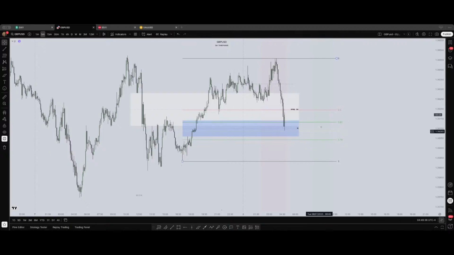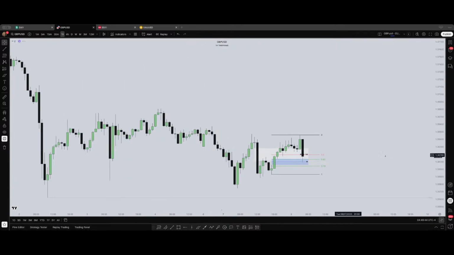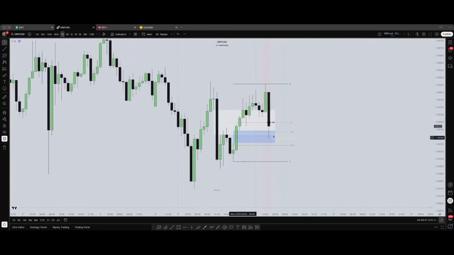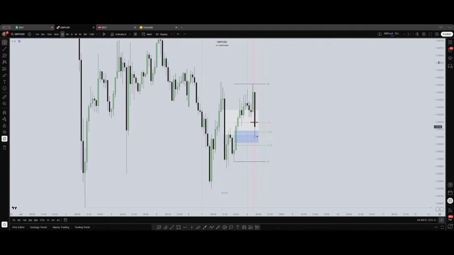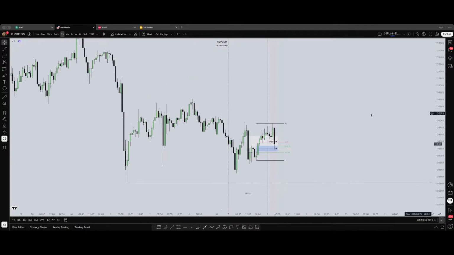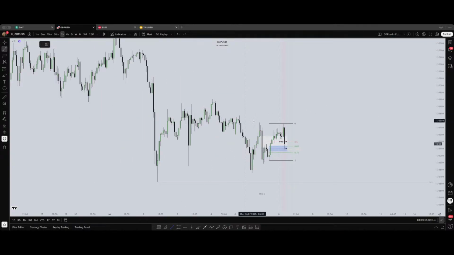It reached the optimal trade entry zone and reacted beautifully. Also, if you go to 1 hour, the fair value gap rejected. And we have a lot of interesting liquidity resting here, and relative equal highs here.